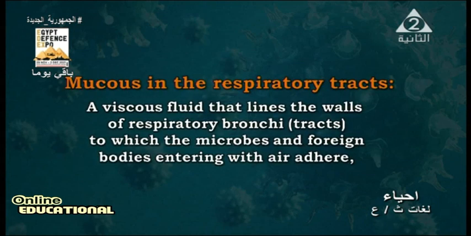Mucus is found in the respiratory tract and also in the nose. The mucus is a viscous fluid that lines the walls of the respiratory tract, found in the trachea, which traps microbes and foreign bodies that adhere from the air.